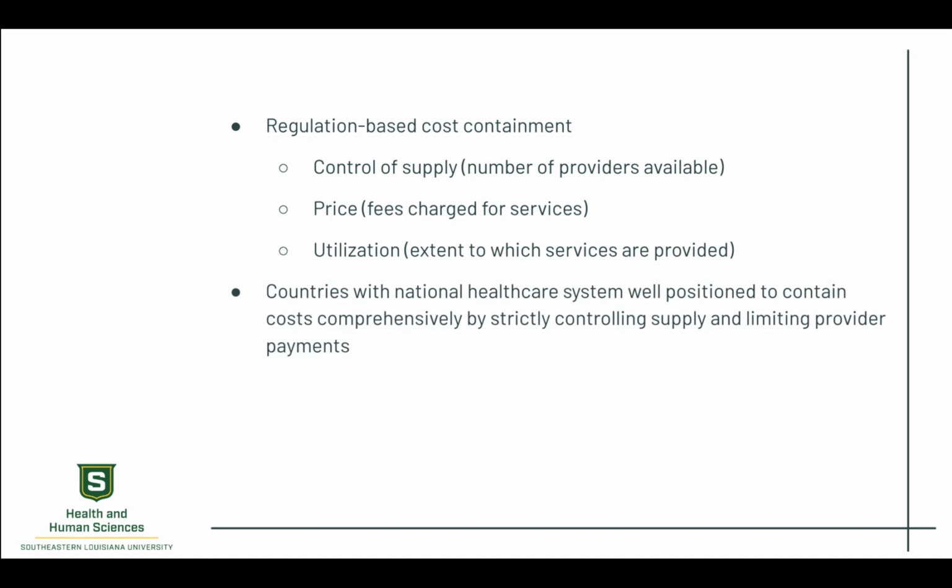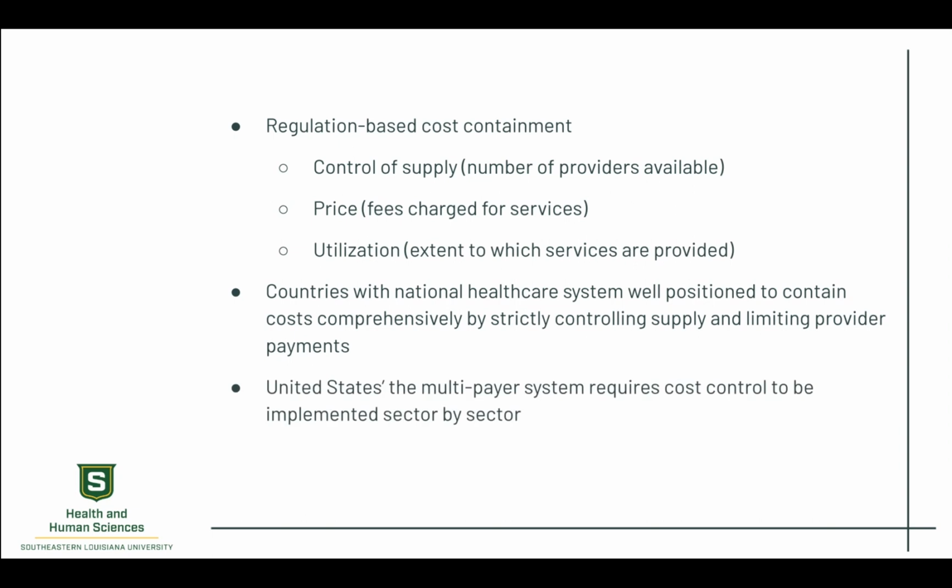So countries that have national health systems are in a very good position to do cost containment. The reason is because it's like cooking in one pot, and you get to control what goes in and what goes out. So they have a much better grasp of cost containment, and they can do that by restricting supply or limiting the payments that go to providers.